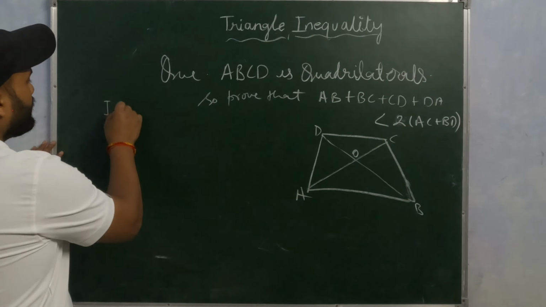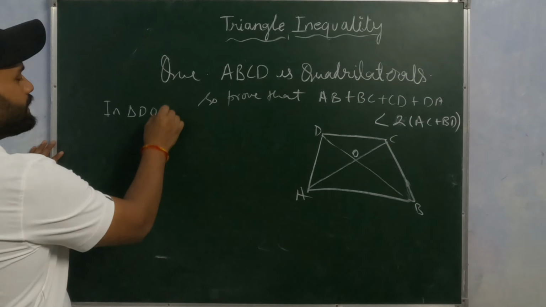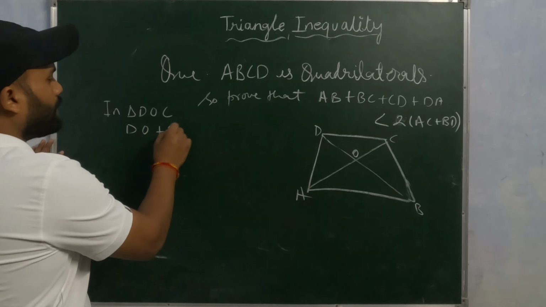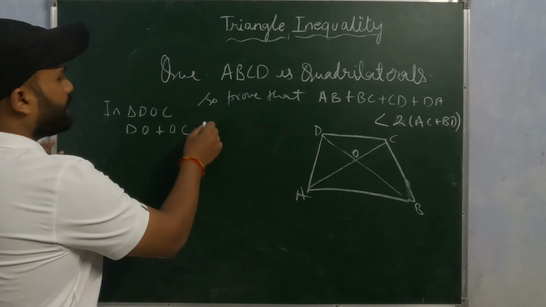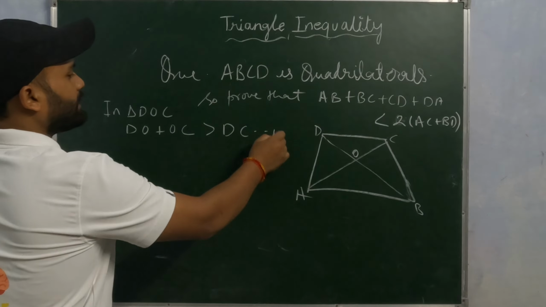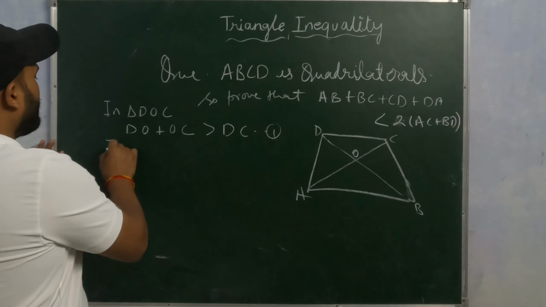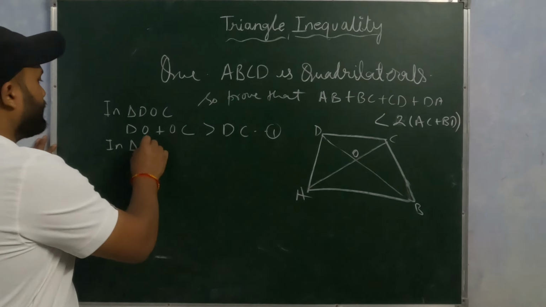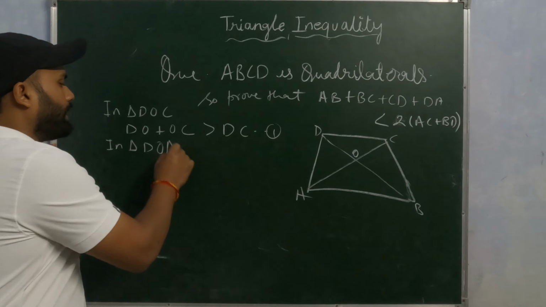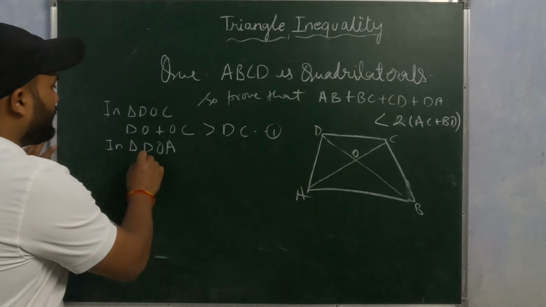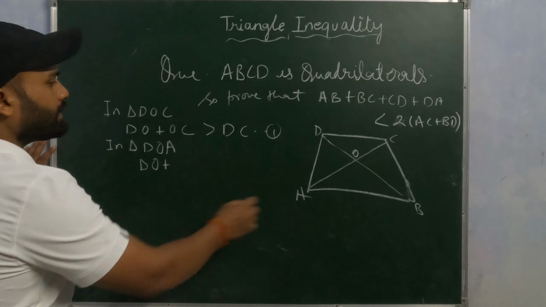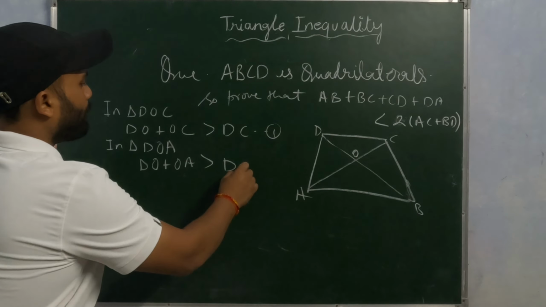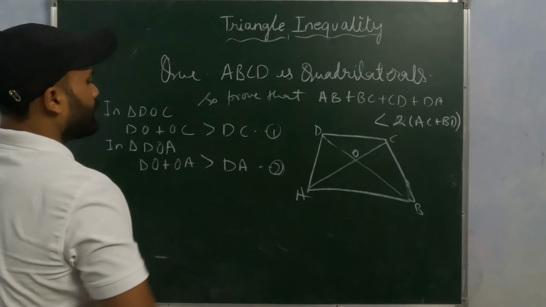In triangle DOC, DO plus OC will be greater than DC, this is equation first. Then again in triangle DOA, DO plus OA will be greater than DA, this will be equation 2.